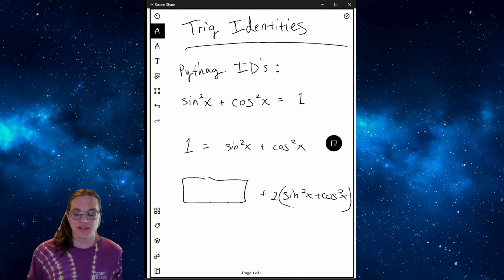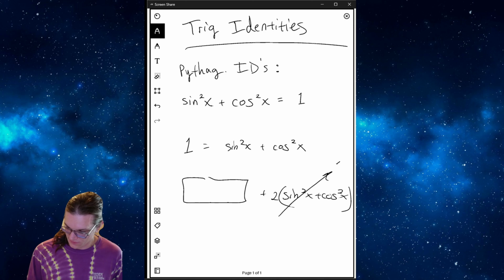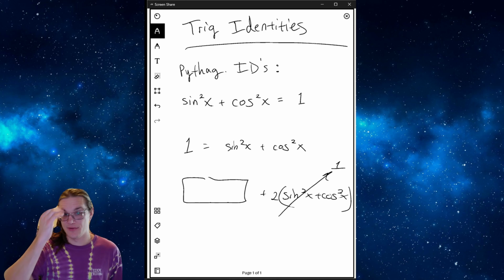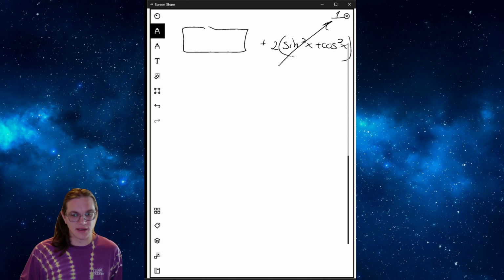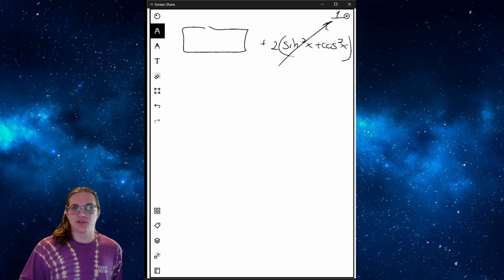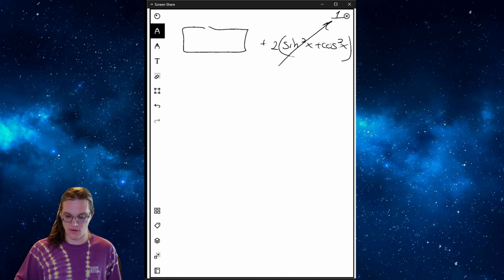You'll be doing this all day. This is 1, over and over and over. It's the most common trig identity, I would say, that is used in math, physics, geometry, engineering, all the things.